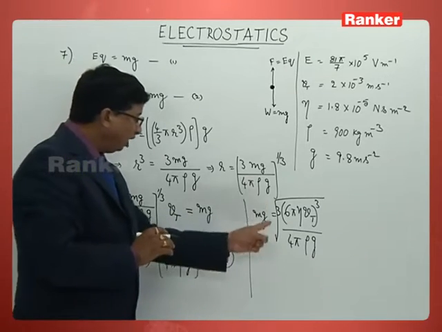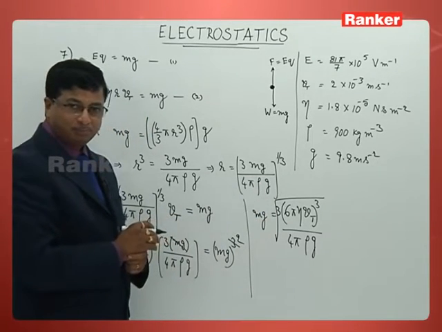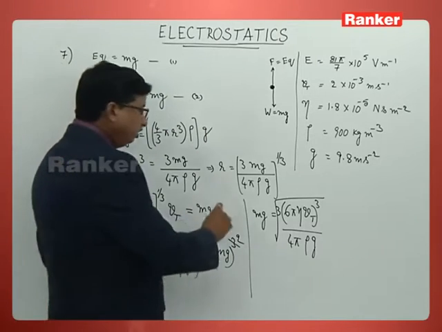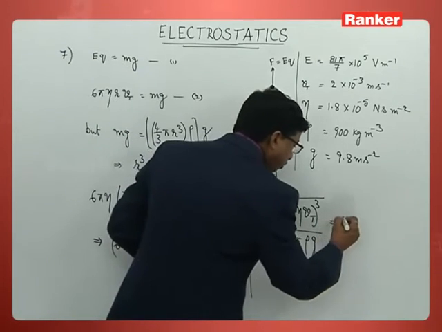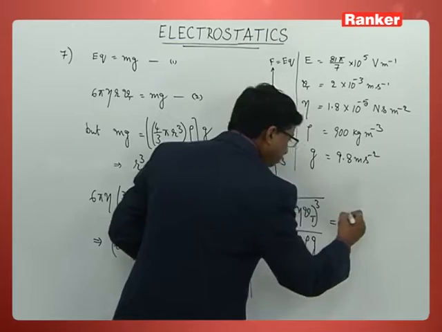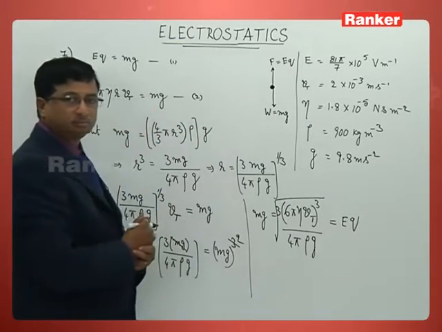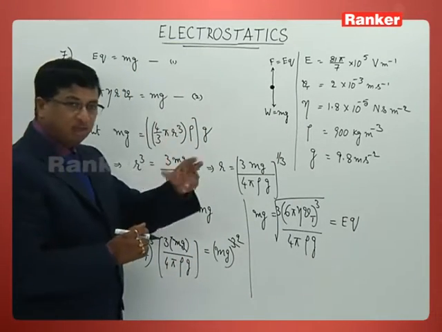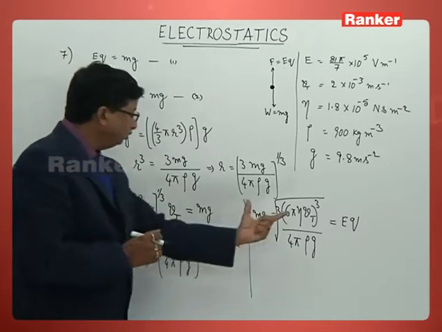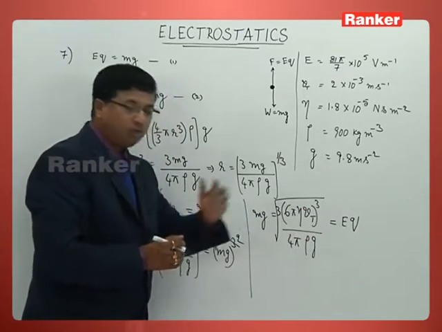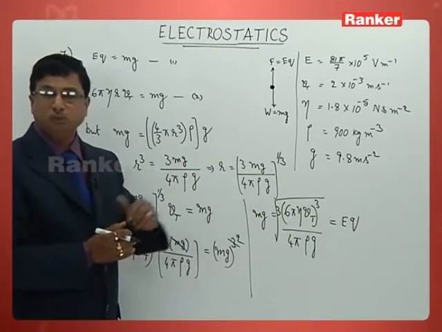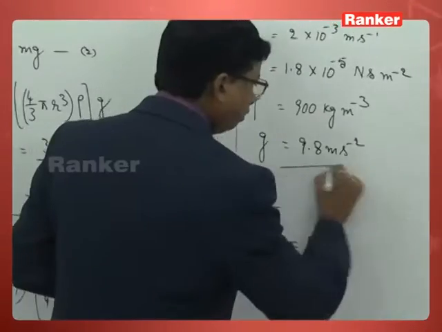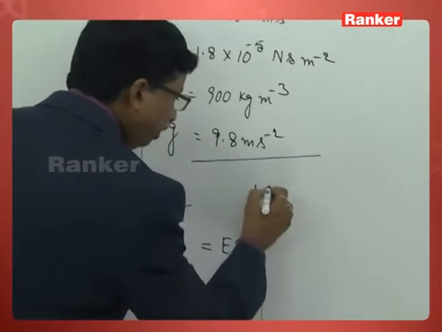The moment you have got this mg value, we know pretty well from the first equation, this mg must be equal to EQ. This is mg now, that you equate it to EQ. Then what is the equation we just want? What is the value we want here?